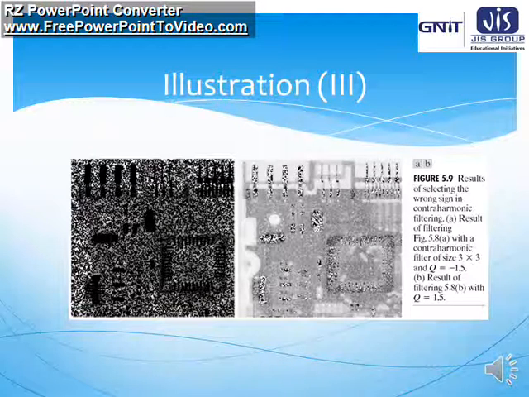This is another illustration, example 3. Here the result of selecting the wrong sign in this contra-harmonic filtering has been shown.